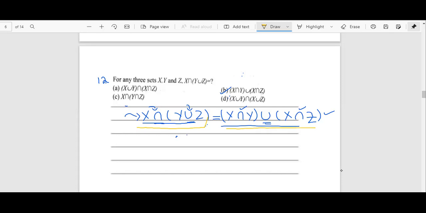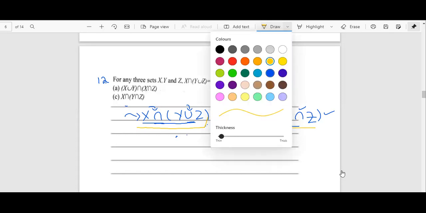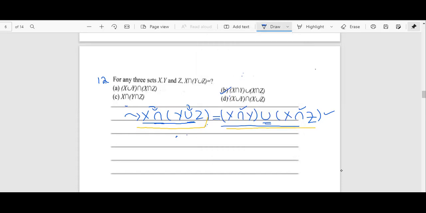But now if we think of it logically, we should know that if we have three sets, X, Y, and Z, where X intersection Y union Z is basically the new set. Obviously, Y union Z is going to have all the elements of Y and all the elements of Z, and the elements common in Y and Z would be written once only, right?